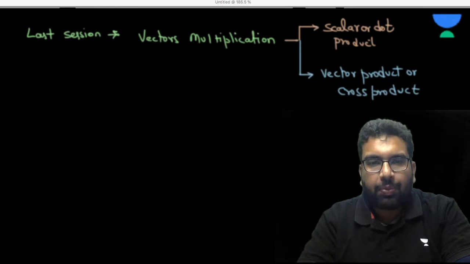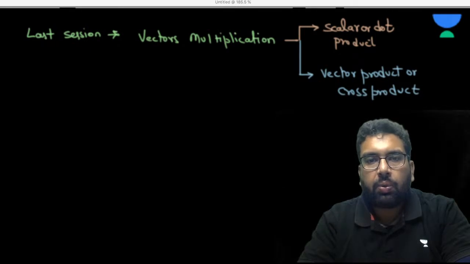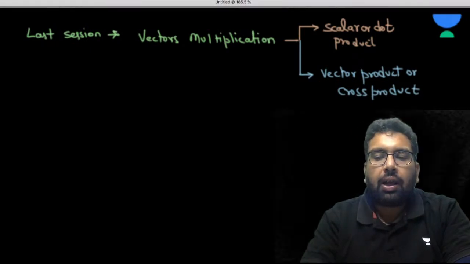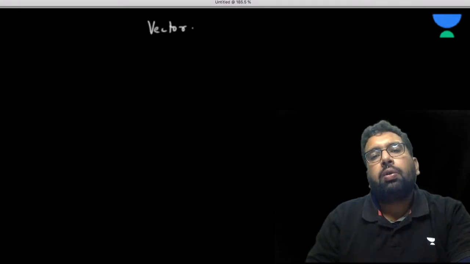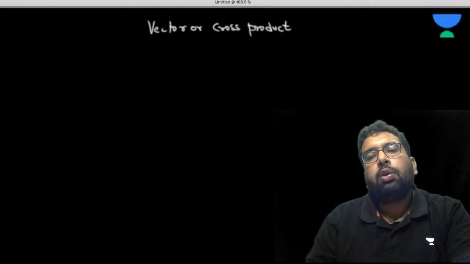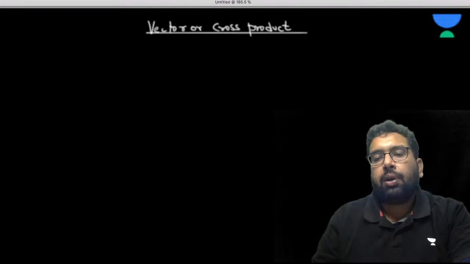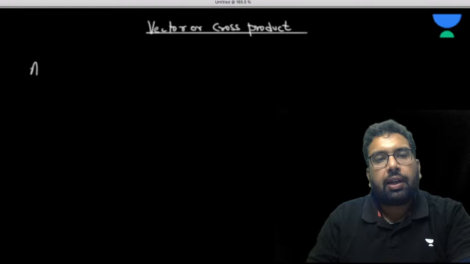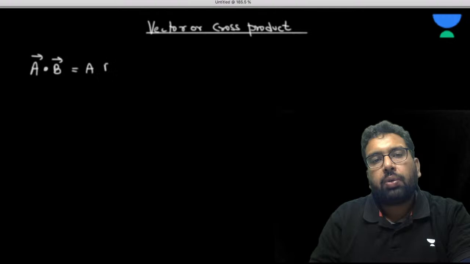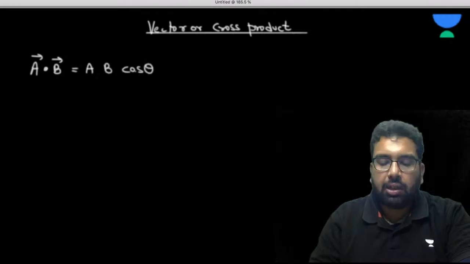I hope you were able to understand this, right? I'm hoping that there is no doubt as such. Now, in the last session, we discussed the vector product, or cross product. I'll just give you a brief revision of the same. When we do the scalar product or dot product of two vectors, this comes out to be AB cos theta, where AB is the magnitude.